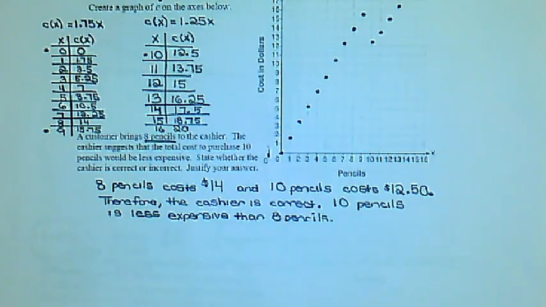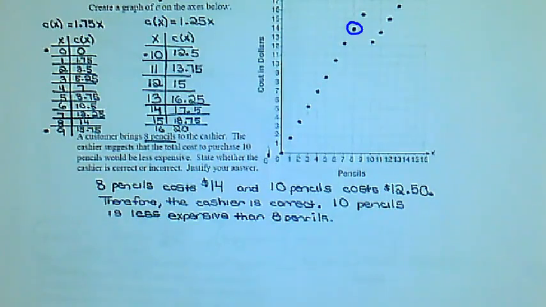So remember, justify, usually this means to do it with math. But again, you really gotta look through the question. You're not just gonna be able to justify this with math. You're gonna have to write a little bit of a sentence. So 8 pencils cost $14, and 10 pencils cost $12.50. You literally get that right from the graph.